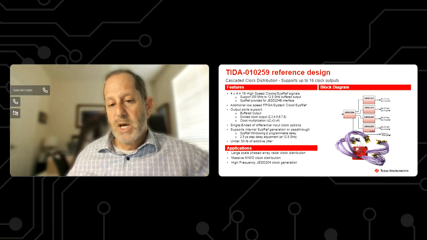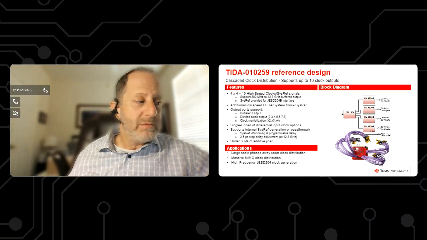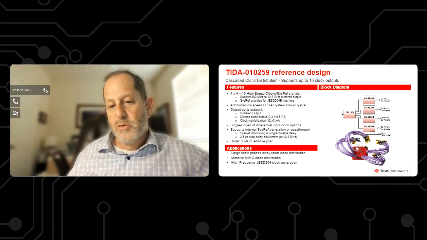We are demonstrating how we can cascade these devices together in order to achieve higher distribution outputs. So a normal 1204 is a 1 in, 4 out, but we can cascade these together with an additional 4 elements. So now we get a 1 in and a 16 out on the back end. And it's not only the clock that we're providing, we're also providing the sysref signal. So there's 4 copies of the clock and 4 copies of the sysref.